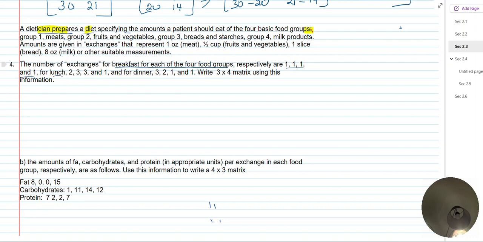And then lunch by that, and dinner by that, right? A 3x4 matrix using this information. So let's talk about the breakdown. The breakdown was breakfast, lunch, and what's the third one? Dinner. Making sure I'm using the same language.